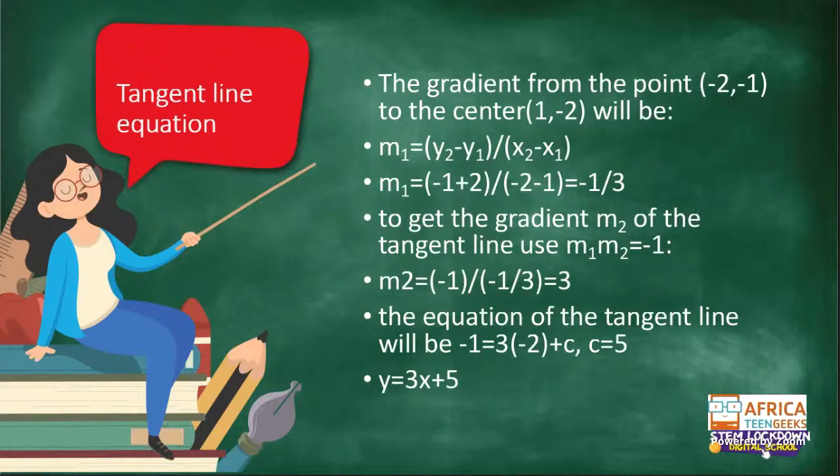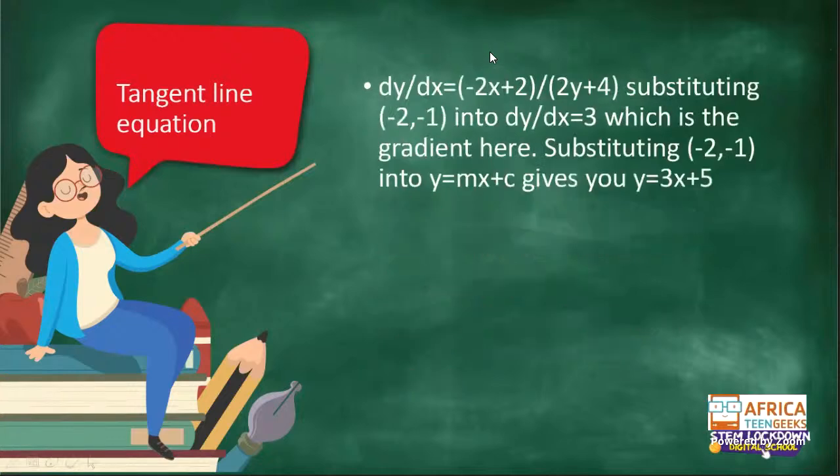All right, so we're going to see now how to get this equation based on the derivative that I showed you yesterday. Based on this equation, you're going to see that you have dy over dx equal to -2x plus 2 divided by 2y plus 4.